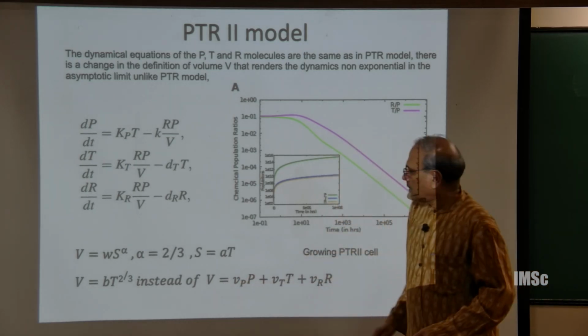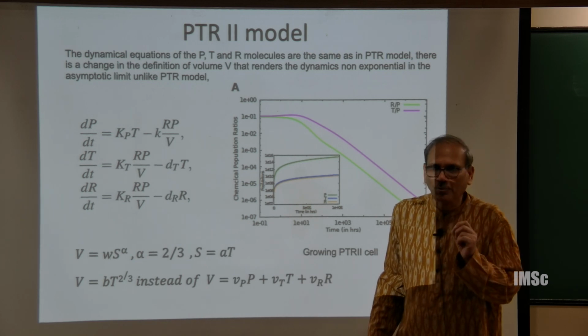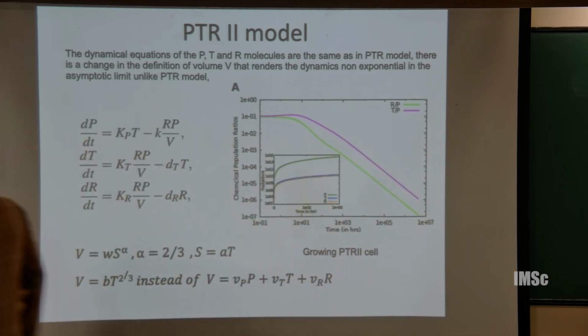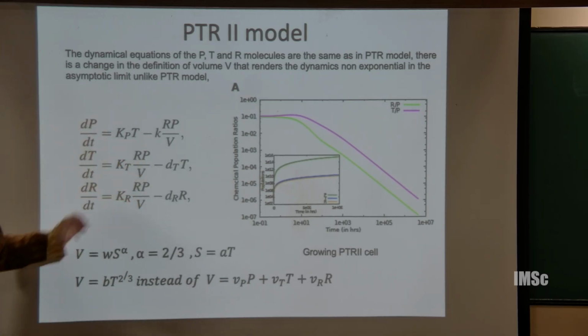Then, if V is no longer a linear function of the populations, I will lose this homogeneous degree 1 property. And if I lose this homogeneous degree 1 property, I will lose the fact that I can have a solution of this kind. And if you simulate such systems, you can take the exact same system.